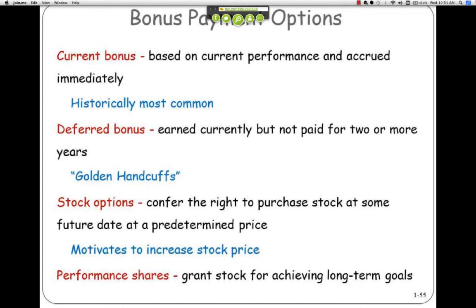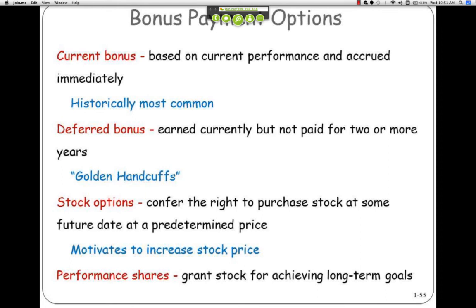Stock options confers the right to purchase stock in the future at a predetermined price. So instead of giving an outright bonus of stock, let's say, you're giving them the right to purchase it at a price, which incents particularly senior management to do everything they can to raise the value of the stock, because of when that day comes around, when you're supposed to, or that window of days comes around where you're allowed to purchase the stock.